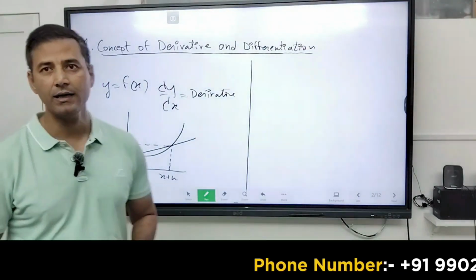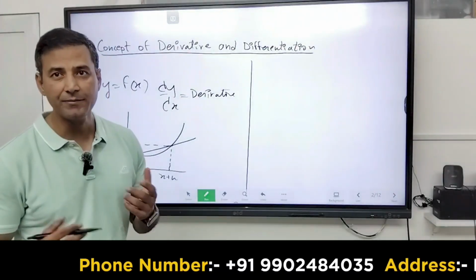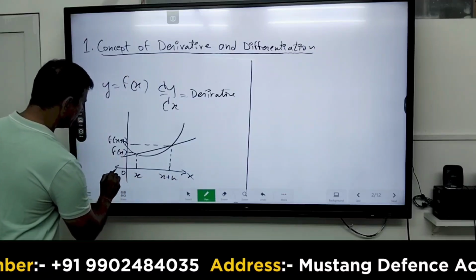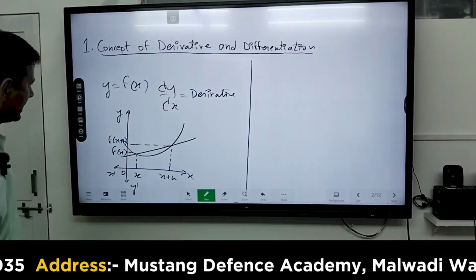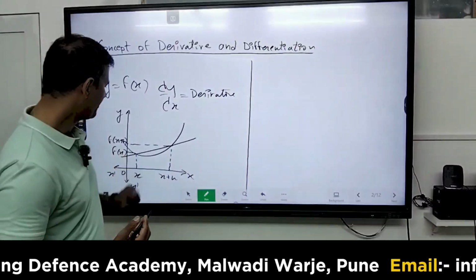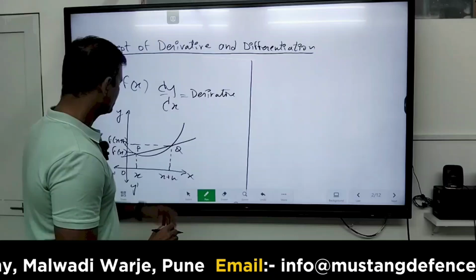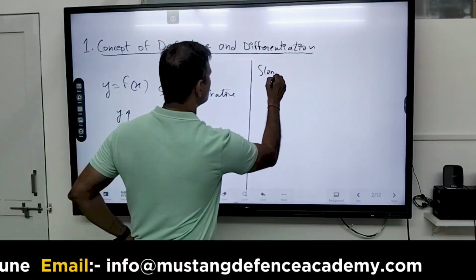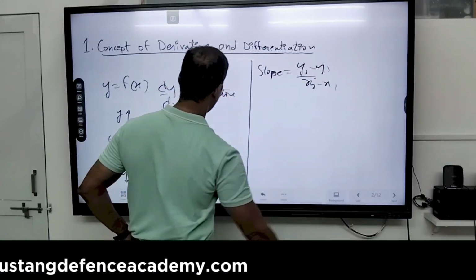Like in the earlier topic on limits, here also we'll use the concept of limits. In this graph, this is XOX' and YOY'. Now let us find the slope at point x. Let us name these points P and Q. Slope, as we know, is y2 minus y1 upon x2 minus x1.